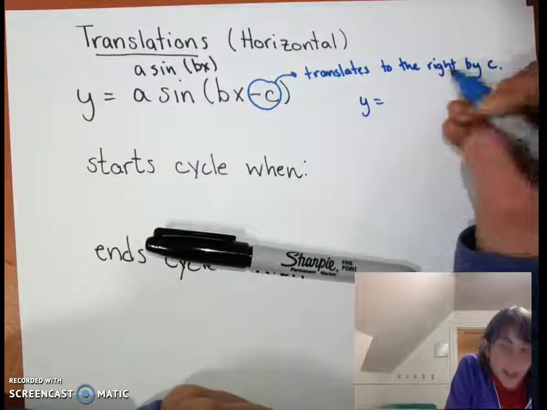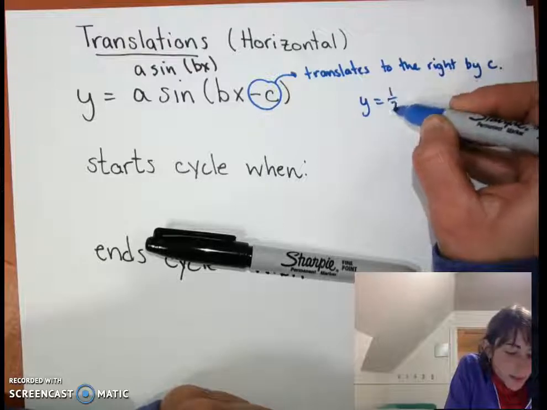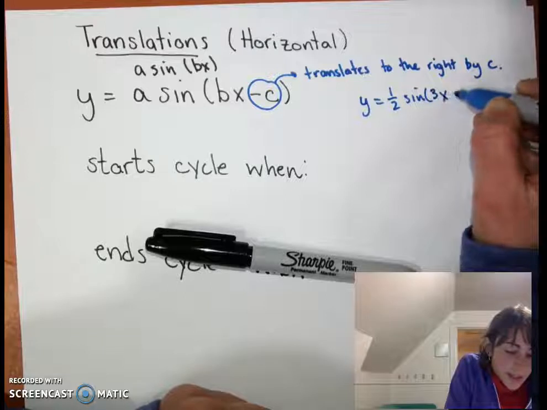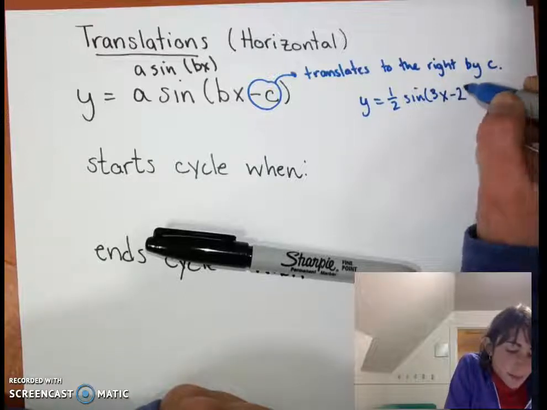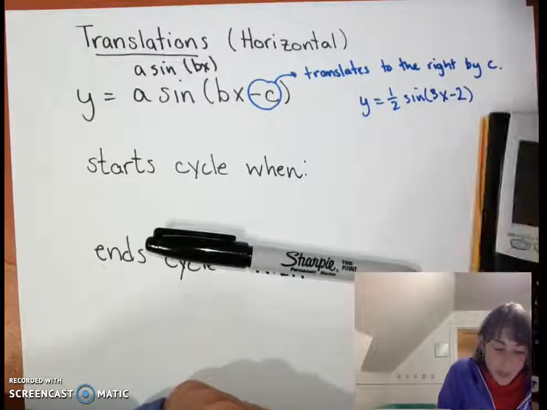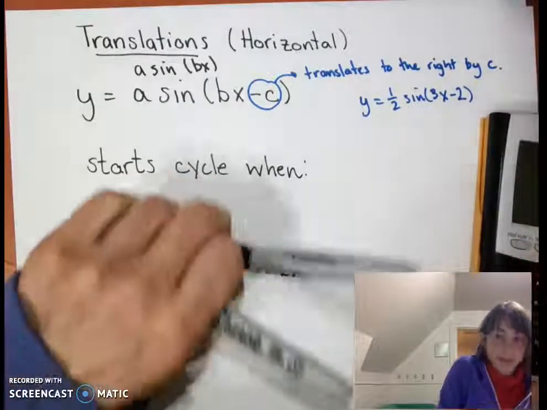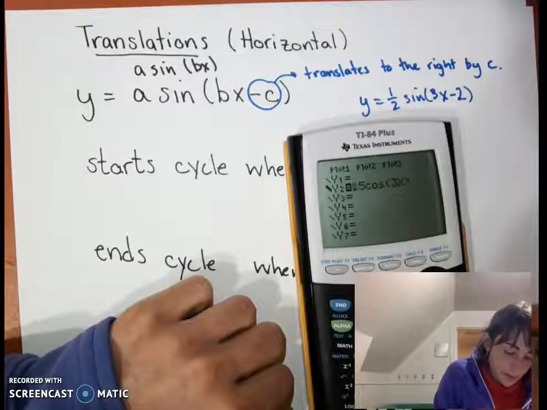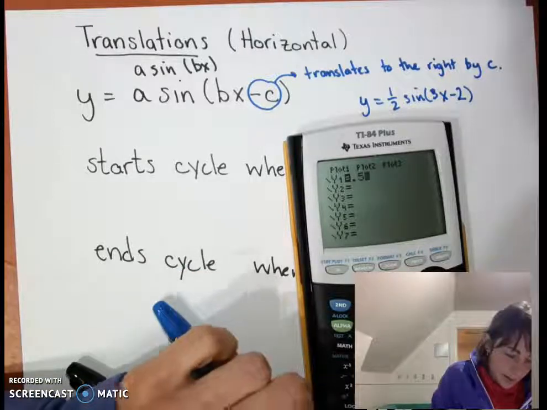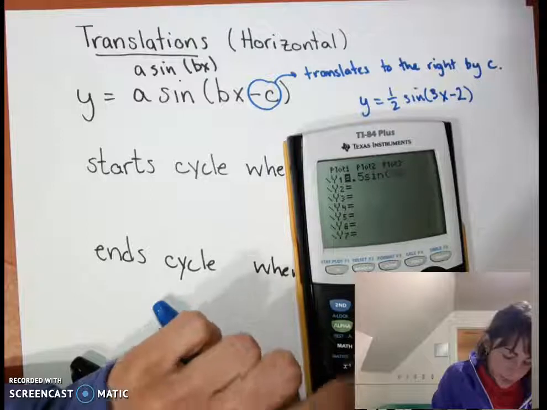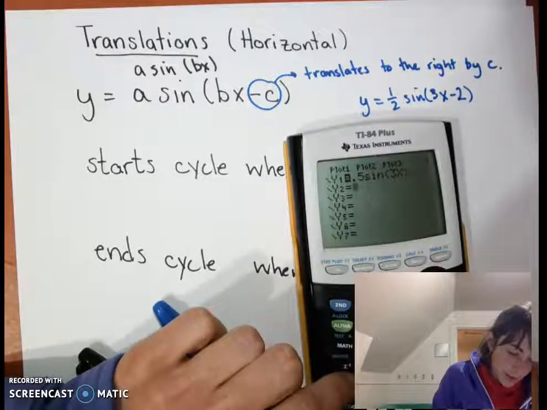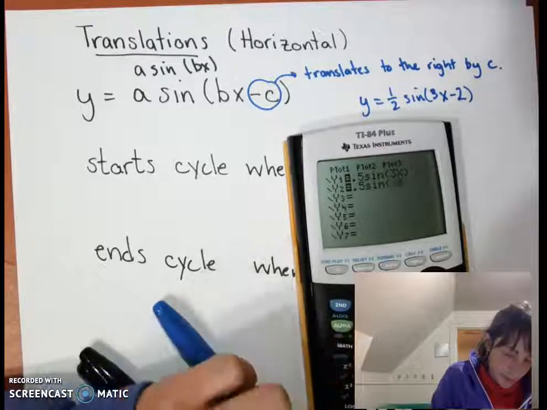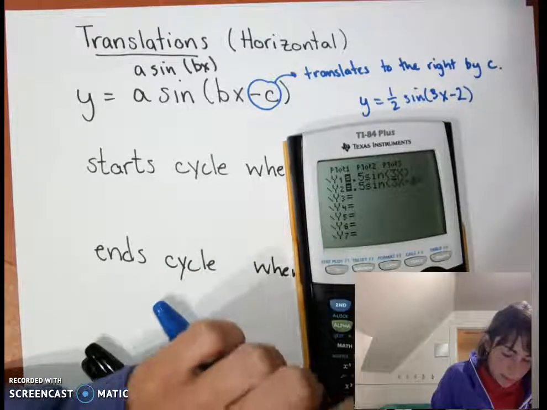So let's look at a quick example. Let's look at y equals 1/2 sine of 3x minus 2. Okay, so we'll compare it to 1/2 sine of 3x. That's our original. Now we're going to compare it to 1/2 sine of 3x minus 2.